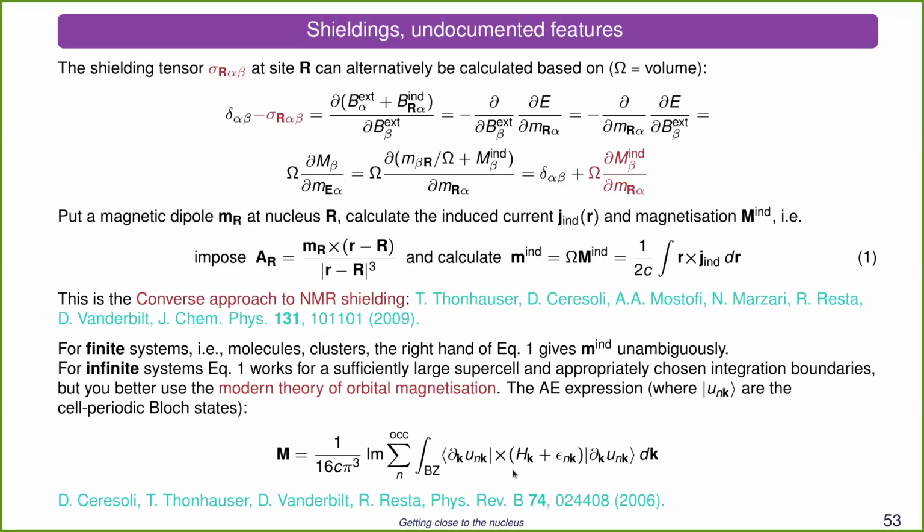And then you have to sandwich that between k-space derivatives of your Bloch states, of the cell periodic part of that. You have to actually do those derivatives. Then there is a vector product somewhere. And then you take the imaginary part and you sum over everything that is occupied. And then you get this magnetization, this M. And that is rather unambiguously defined in this way.